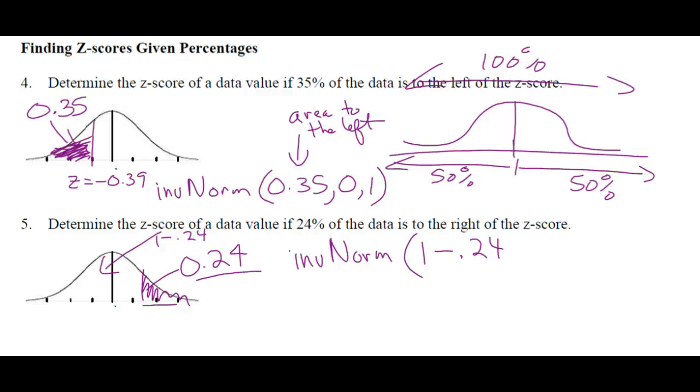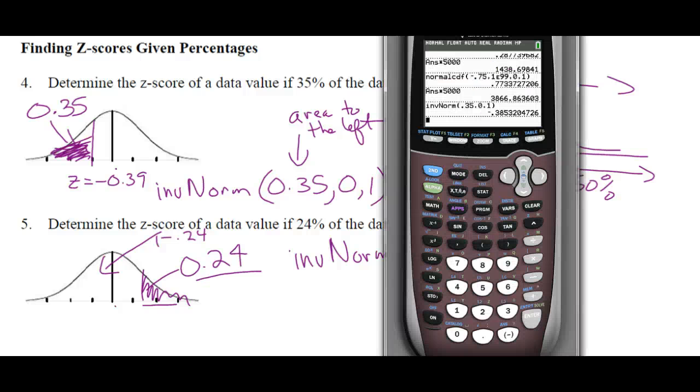Okay, so bring up the calculator. I'm just going to go second function enter to bring that down. And I'm going to change this to 1 minus point, and I'm going to insert 0.24, and I'm just going to delete the 0 and the 1.